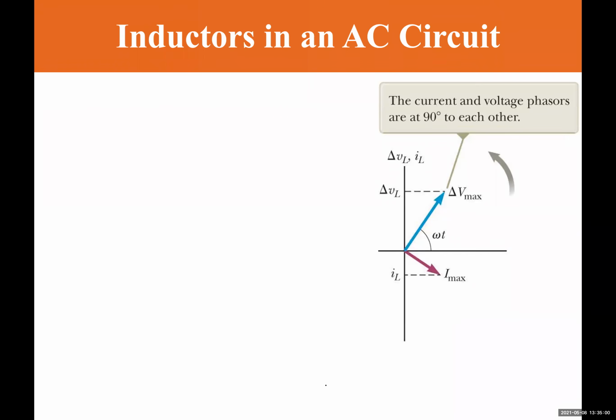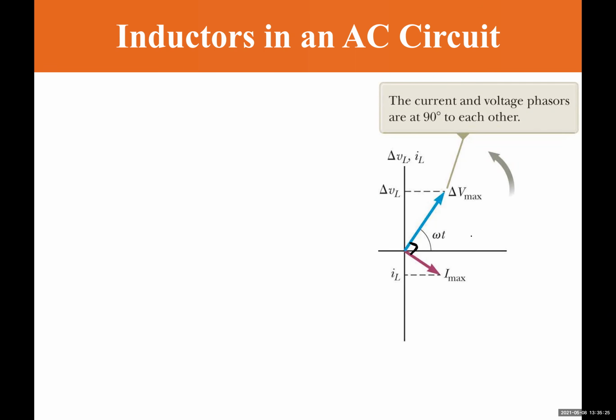We can also present the phase diagram for this, where the voltage is exactly the same as we had for the resistor, but the current is now 90 degrees, pi over 2, lagging from the voltage.